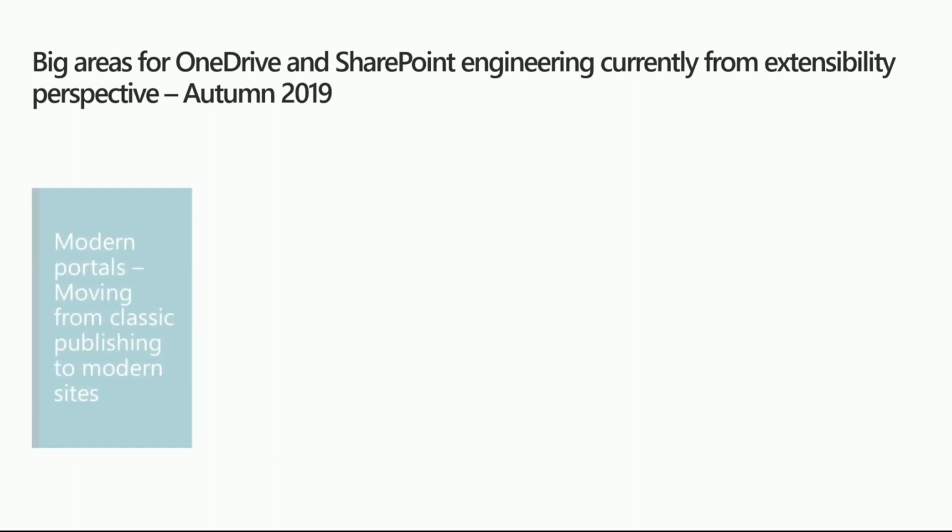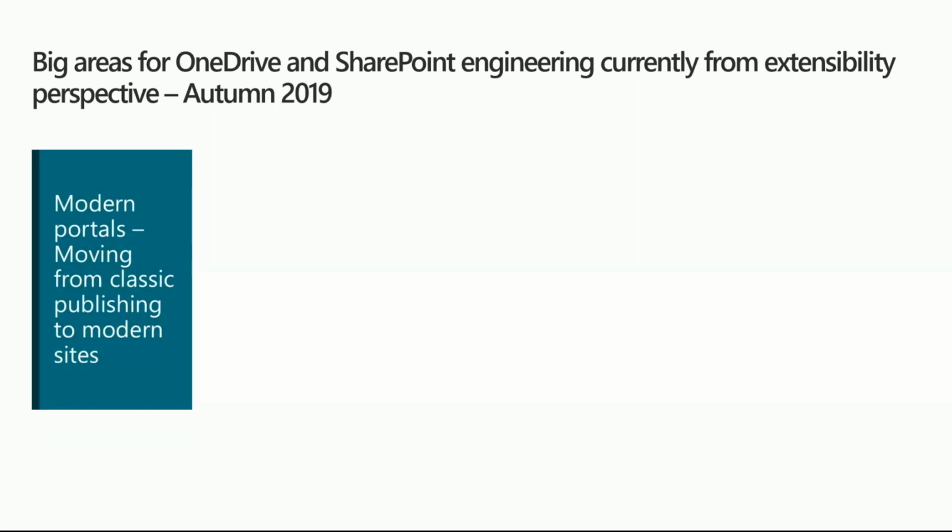The number one thing: modern portals. This is clearly something where we are betting, with new capabilities all the time. We're releasing new capabilities. If you're following the SharePoint account on Twitter or our blog posts, the dev one or the non-dev one, you can see that we're investing quite a lot of time and resources in modern portals. And that's evolving really, really nicely.